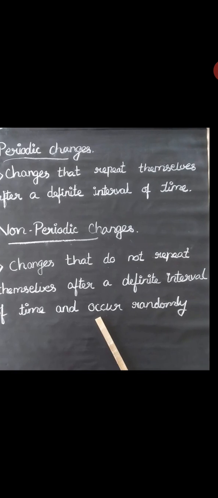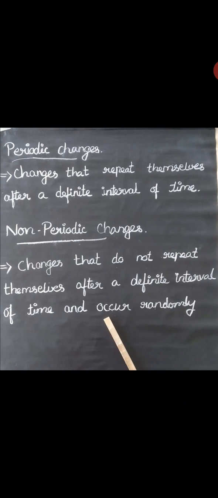Next we can see periodic changes and non-periodic changes. Depending on whether or not a change repeats itself after a definite period of time, it can be classified as periodic or non-periodic. Periodic changes are changes that repeat themselves after a definite interval of time. The best example is a wall clock.